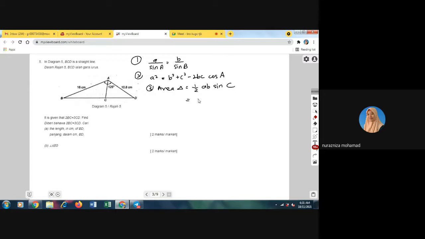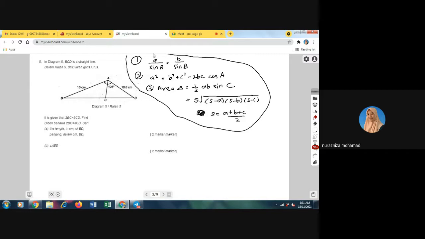Heron's formula is the square root of S times S minus a, S minus b, S minus c, where S is the perimeter, so a plus b plus c over 2. Okay, so these are all the formulas in this chapter that you need to memorize.